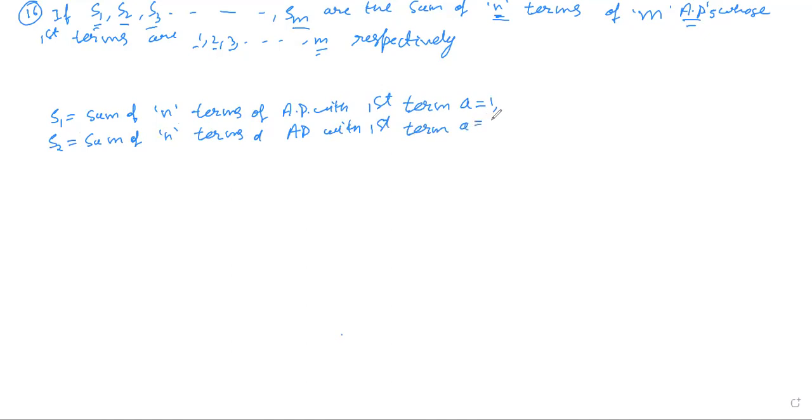This we have to write in our mind while reading a question. This time we are reading this question: if S1, S2, S3 up to Sm are the sum of n terms of m APs, first sum of n terms of first AP is S1.